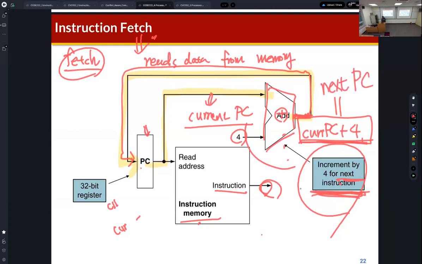I mentioned that the clock is connected to this PC, so the program counter uses this next PC value for the next clock cycle. So this is the instruction fetch. So we can design the instruction fetch stage of a RISC-V processor like this.